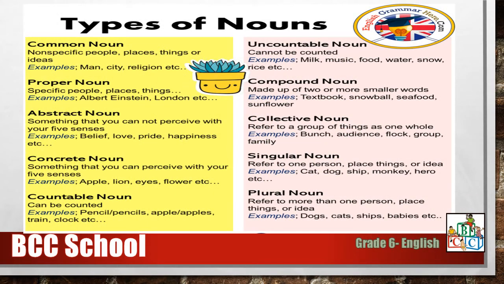As you can see in the chart, there are different types of nouns: common noun, proper noun, abstract noun, concrete, countable, uncountable, compound, collective, singular, and plural noun.